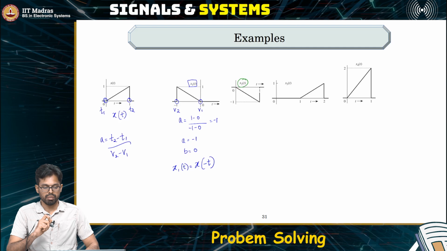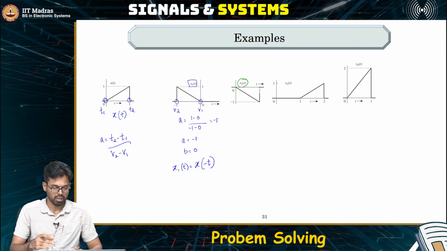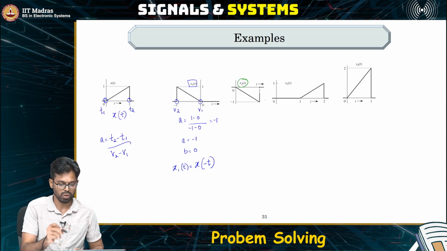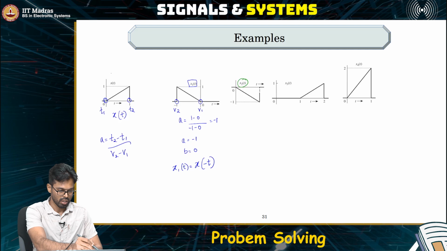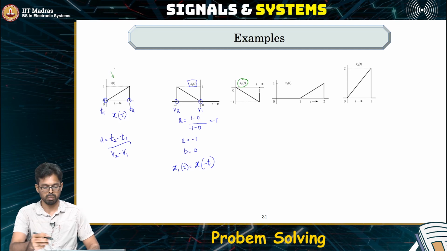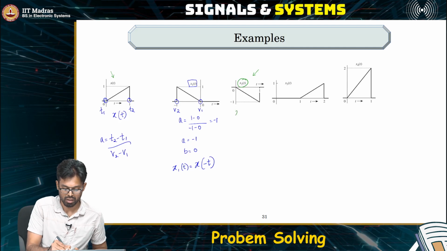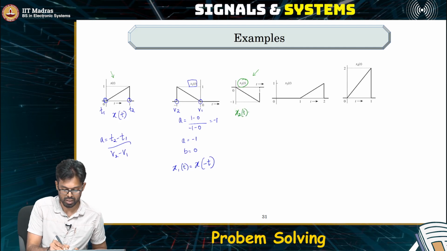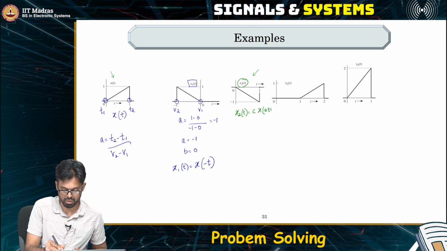Now, if you see, the shape in time has not changed, but the value of the signal itself has now changed. So here it was a completely positive signal, but here it's a completely negative signal, which means here x2 of t is some c times x of at plus b.